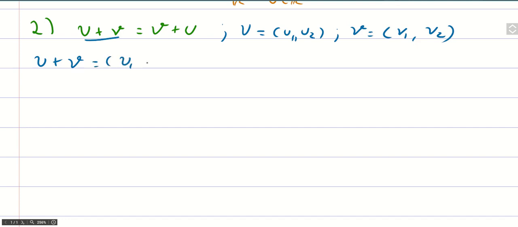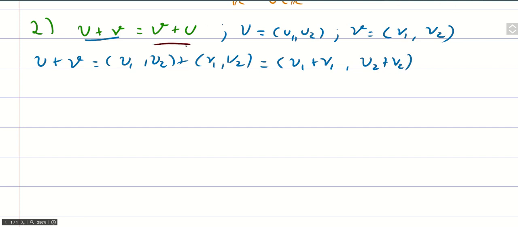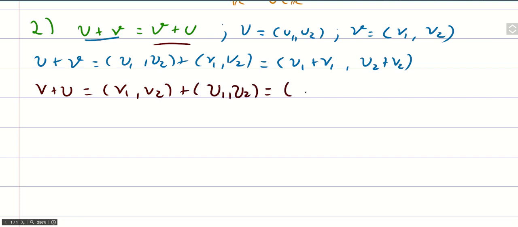It's going to be (u1, u2) plus (v1, v2). We already know that the result of this is (u1 plus v1, u2 plus v2). Great. Now let's see what happens with the right hand side. The right hand side is v plus u, and this equals (v1, v2) plus (u1, u2). The result of this is (v1 plus u1, v2 plus u2).